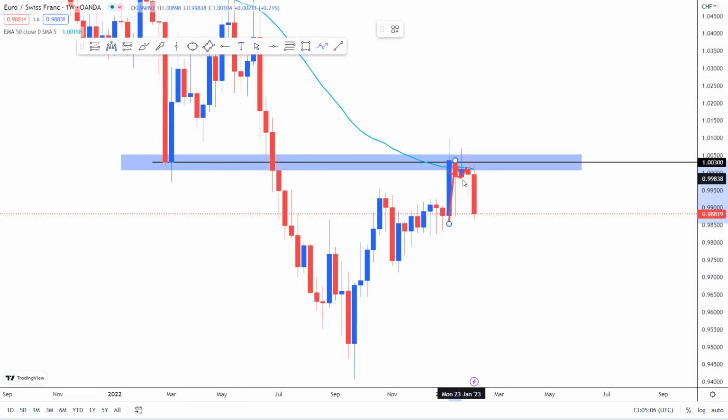Then we had a little push to the downside, and we tested the key level again. Afterwards, we had a drop. So a kind of weekly double top that we would clearly see from the daily time frame. And then this takes us down to the daily time frame.